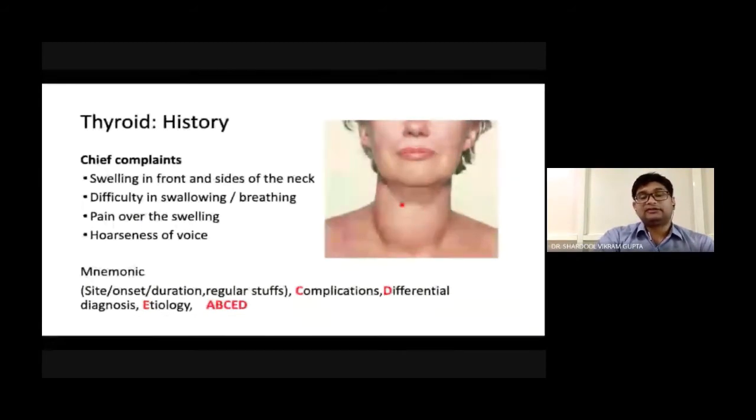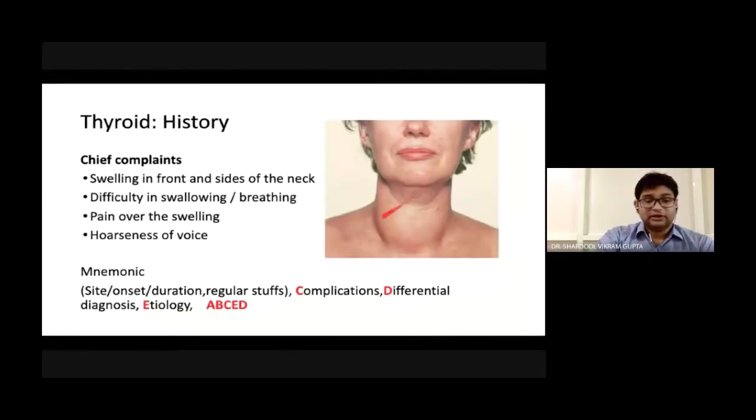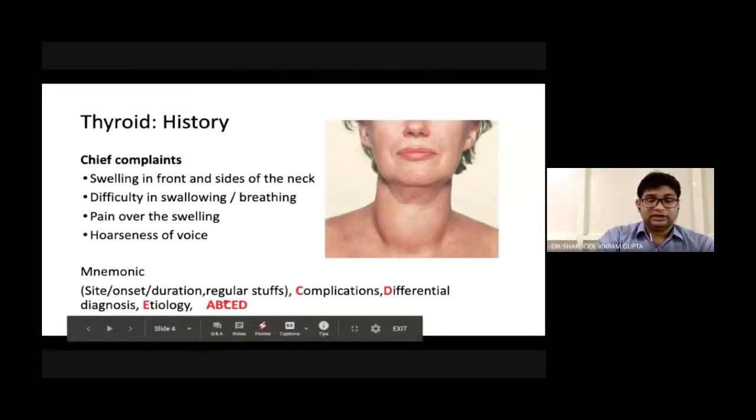Then you'll ask about etiology, like whether the patient is from an endemic zone of goiter or not, whether there is any history of thyroid illness in the family, any history of hypothyroidism in the family. So genetic etiology, you'll take it. So you will follow A, B, C, D, E. A, B is just the regular step which you are being taught. C is complication, E for etiology, and D for differential diagnosis. So you have to cover these things.